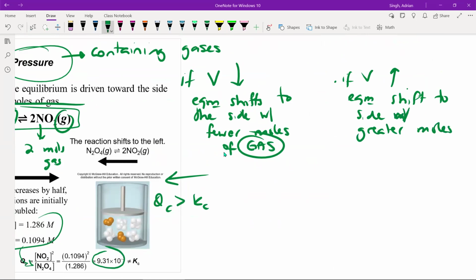The more gases there are, the more moles of gas there are in the equilibrium system. That's the side the equilibrium is going to shift to if you increase the volume.